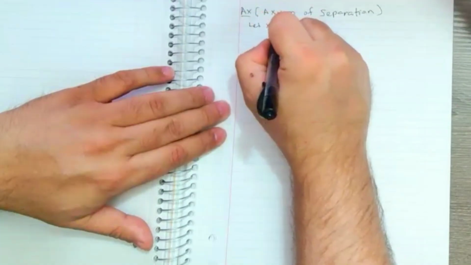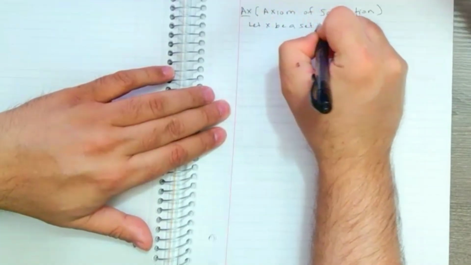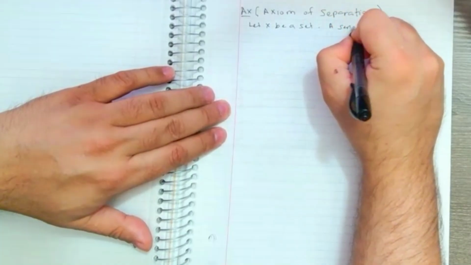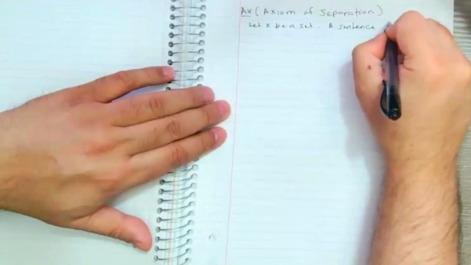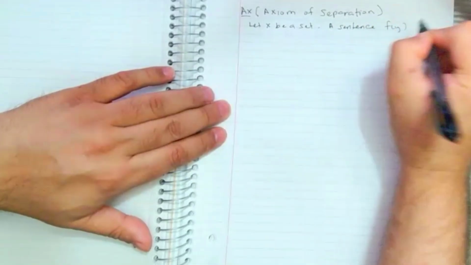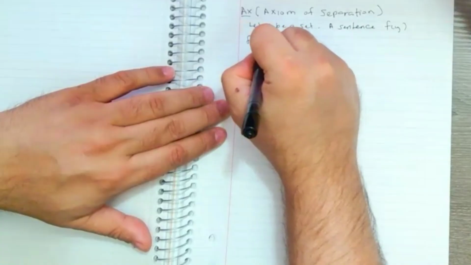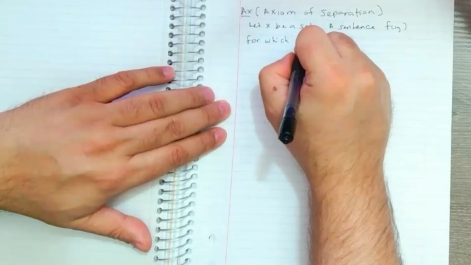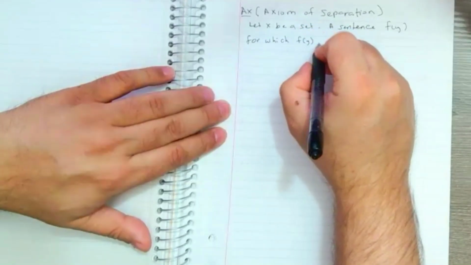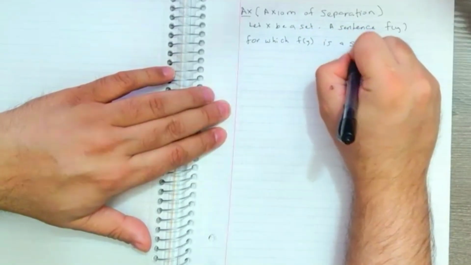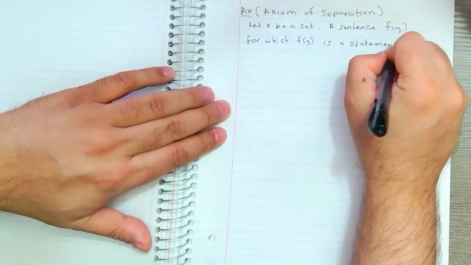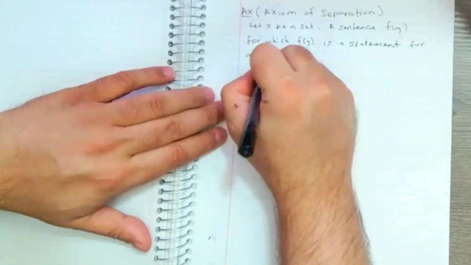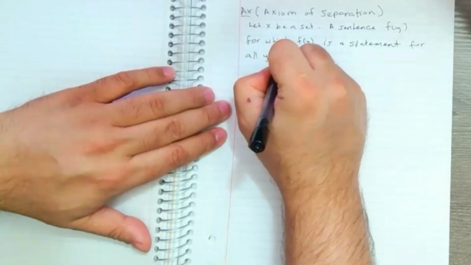Let X be a set, and f of y a sentence for which f of y is a statement for all elements y in the set X.